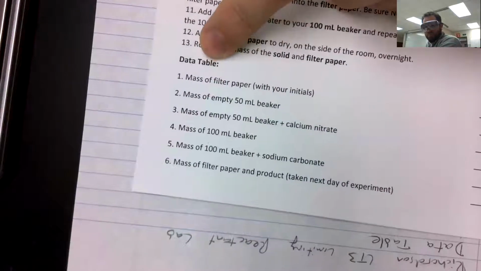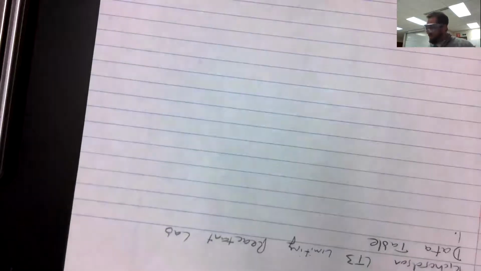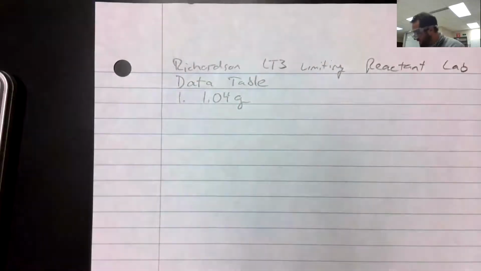Data point number 1, and you guys can see from the lab here is the mass of your filter paper with your initials on it, and from our balance here, 1.04 grams. So that's data point number 1. Don't forget the grams part. Units are uber important in this class. All right, so that's number 1.